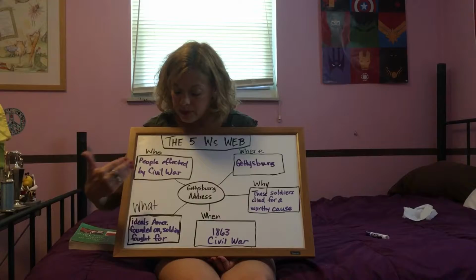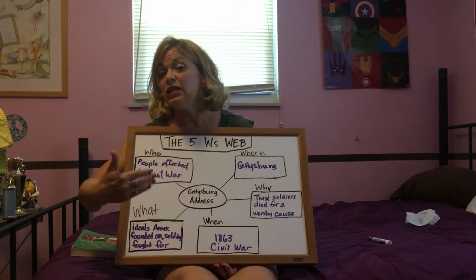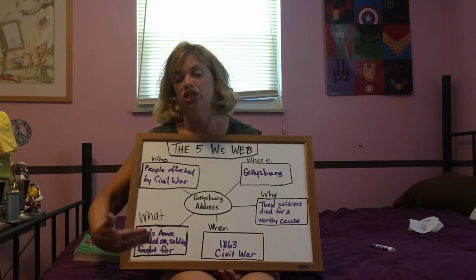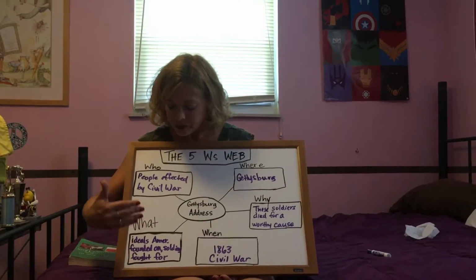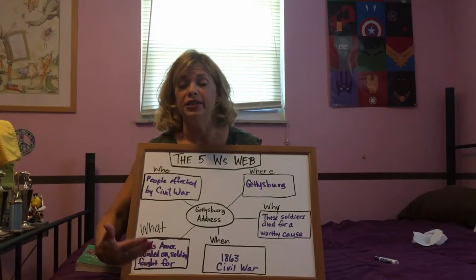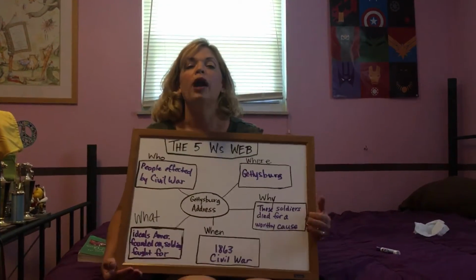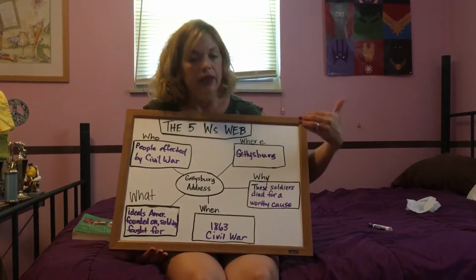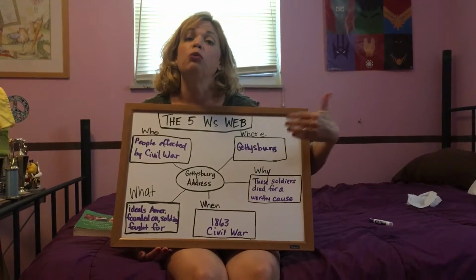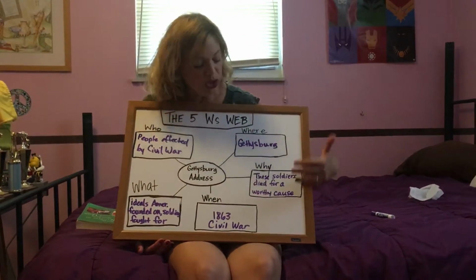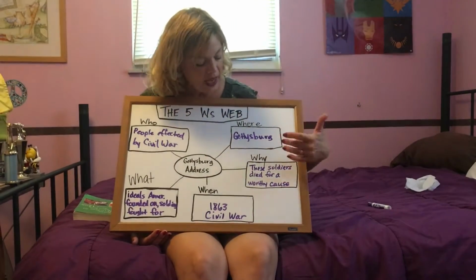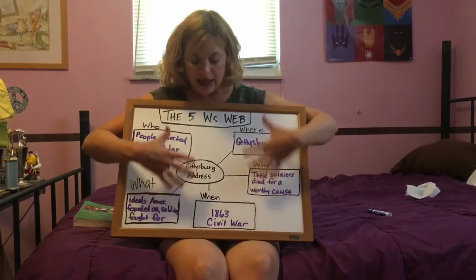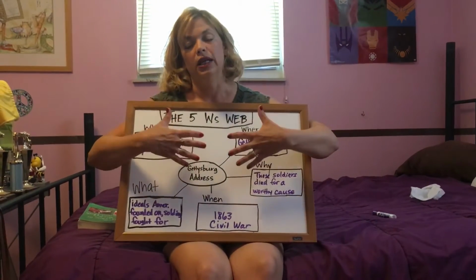What comes a lot from how Lincoln begins his speech when he talks about the founding fathers founding the country on certain ideals, and that these soldiers were fighting to protect them. And why would these soldiers do that? Well, in his words, they gave the last full measure because it was a worthy cause. So that these soldiers didn't die in vain, that they died for a cause, and that it was a worthy cause. So breaking it down like this, we can get a real sense of exactly what Lincoln was trying to convey to that crowd.